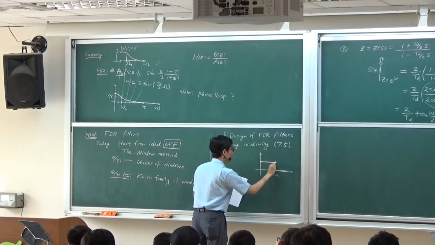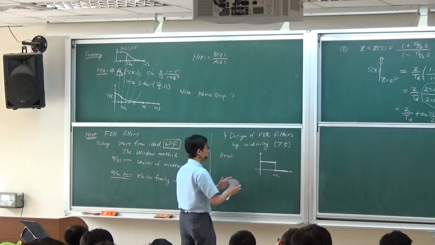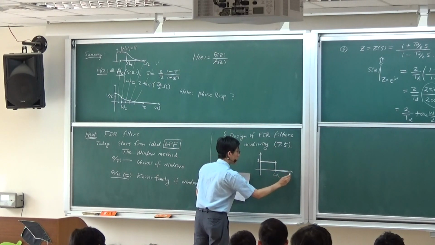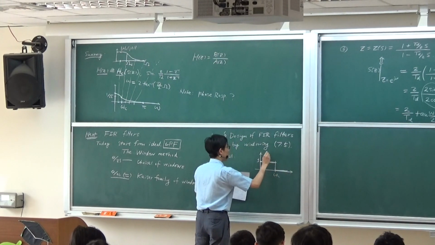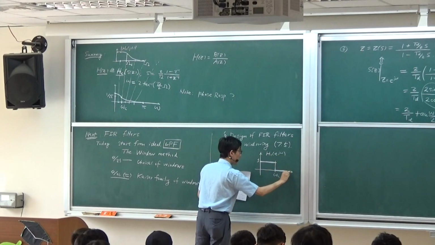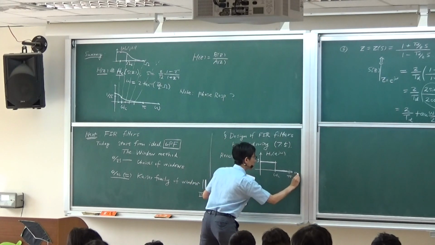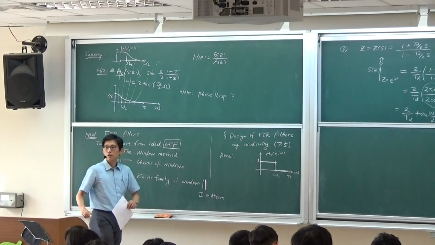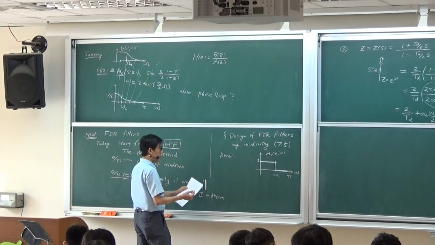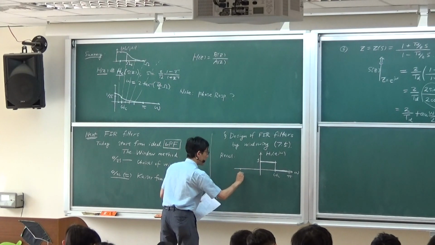The ideal low-pass filter has a gain of unity for the pass band, and anything above the cutoff frequency should have zero gain. By anything I mean from omega c to pi. We're talking about digital filters. So that's our ideal response. The same holds for negative frequencies from 0 to minus pi.